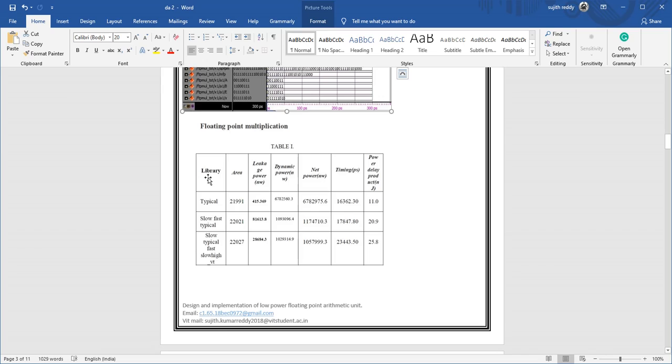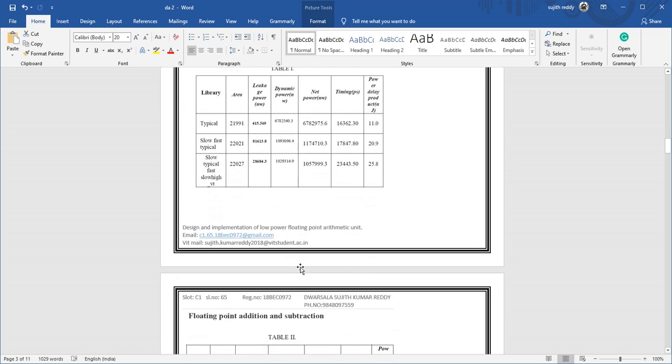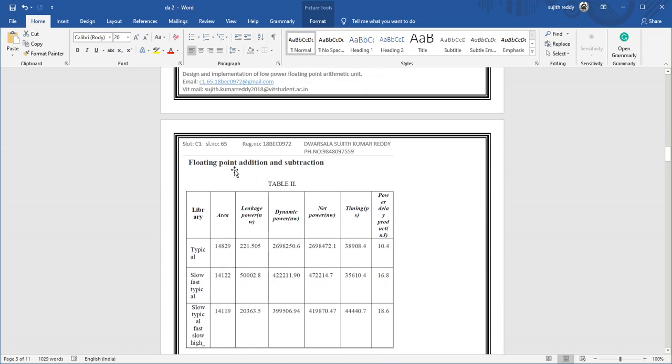It shows the library, area, leakage power, dynamic power, net power, timing, and power delay product. Here you can see in floating point multiplication, high usage of dynamic power and leakage power. Then floating point addition and subtraction.